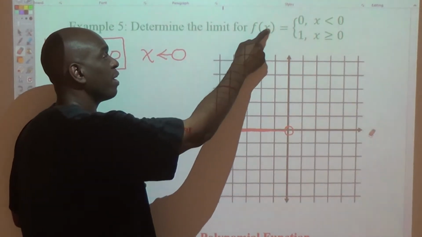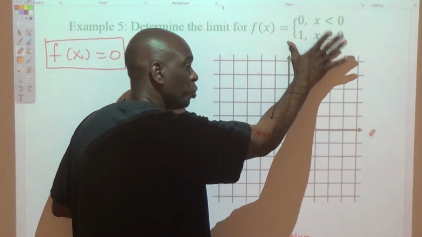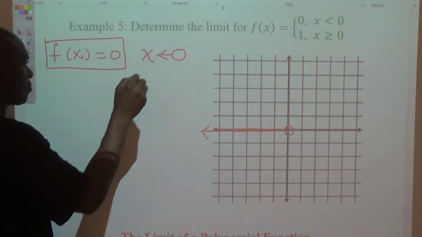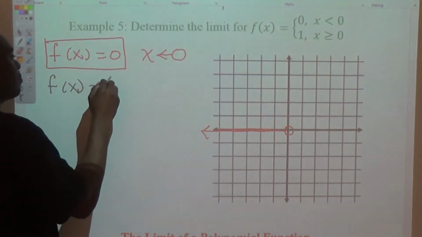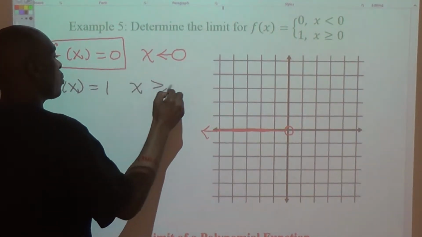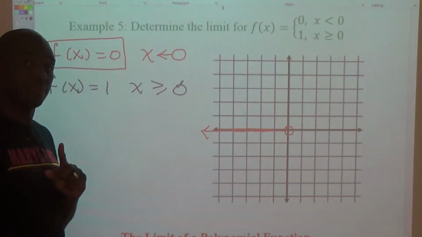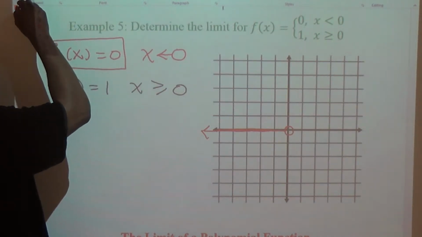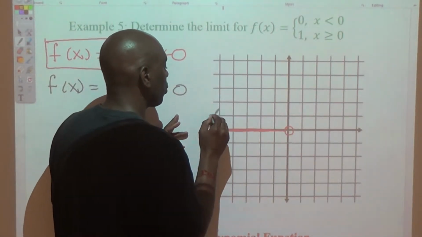Now I have to look at f of x equals 1 when x is greater than or equal to 0. Let's do that piece. First let's graph f of x equals 1. No problem. Here's 1. Let's graph the whole thing.